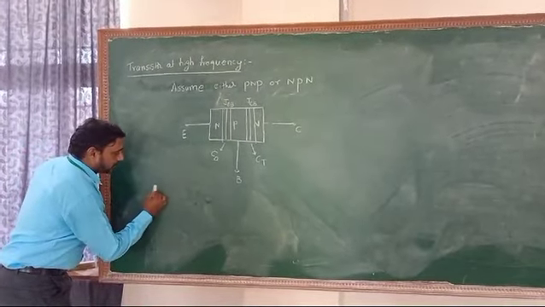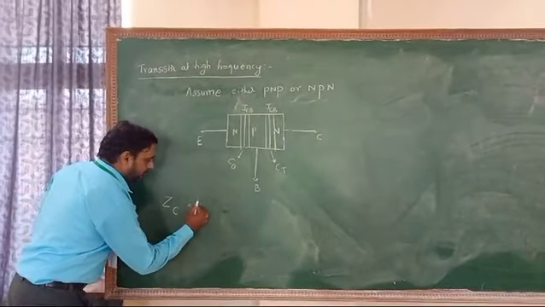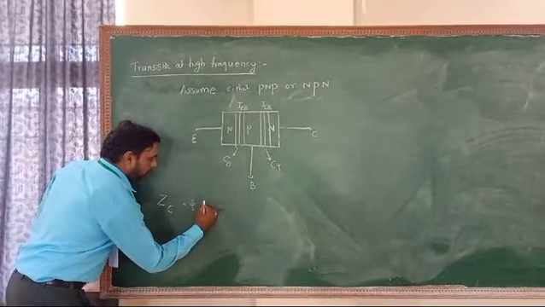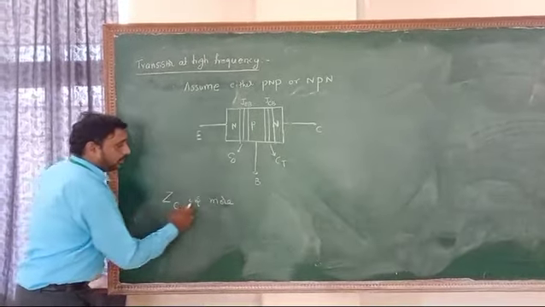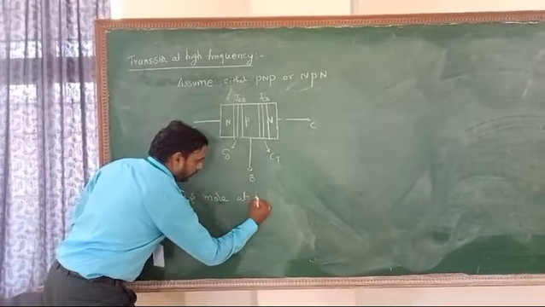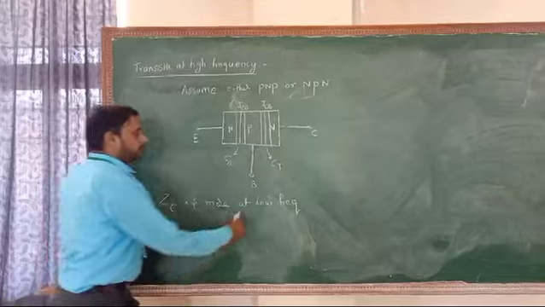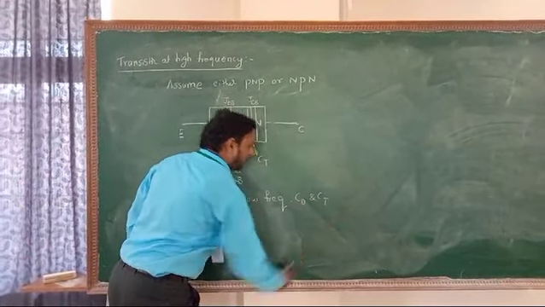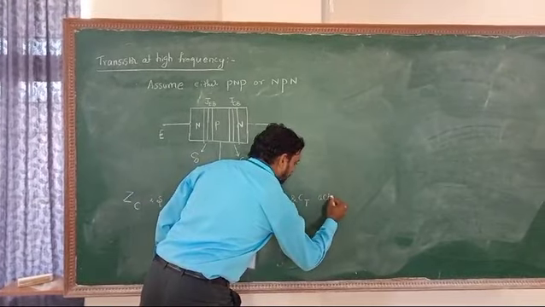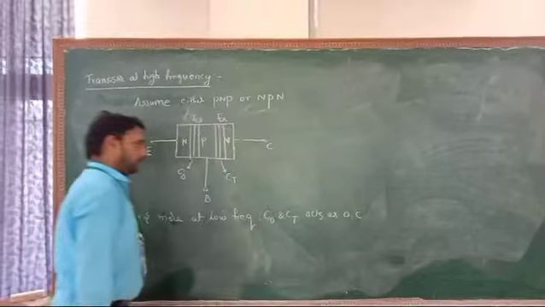The reactance of the capacitance at low frequency is more. So the diffusion capacitance and transition capacitance act as an open circuit at low frequency.